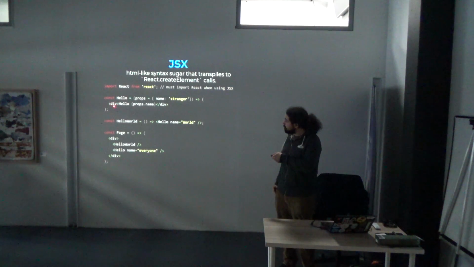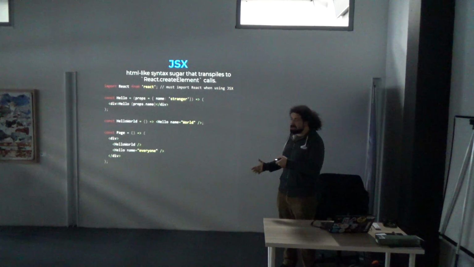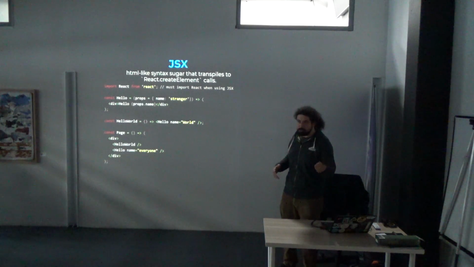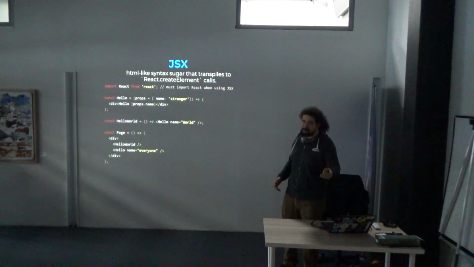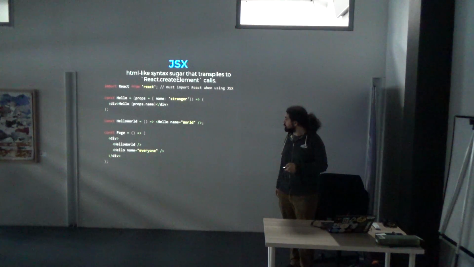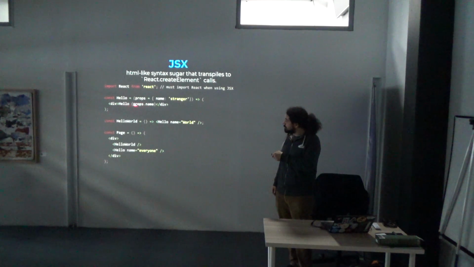So there's a div now, which is inside the JavaScript, and that's transpiled through Webpack, I mean Babel through Webpack, or your transpiler of choice in a bundler. And here we just say Hello, and then this expression interpolation again, just props.name.